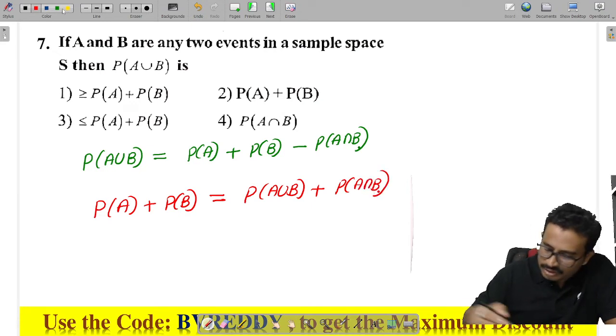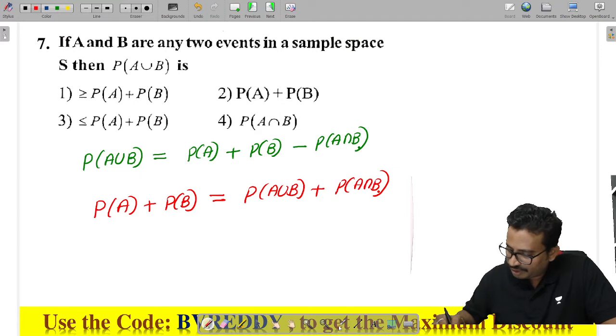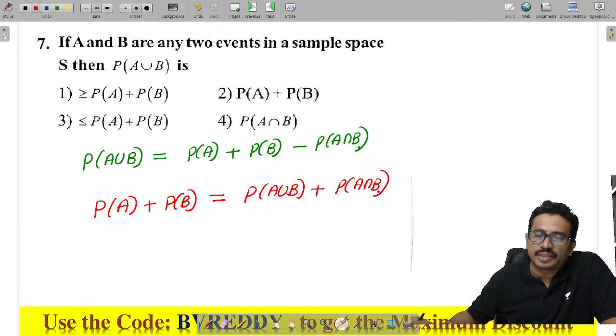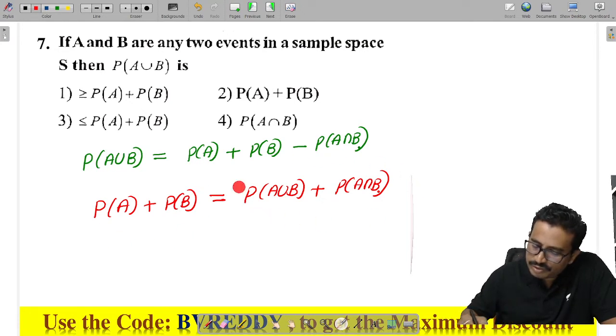If you observe carefully, the sum of these two is equal to the sum of these two. Now if I remove this thing here, then this value will be more compared to this.